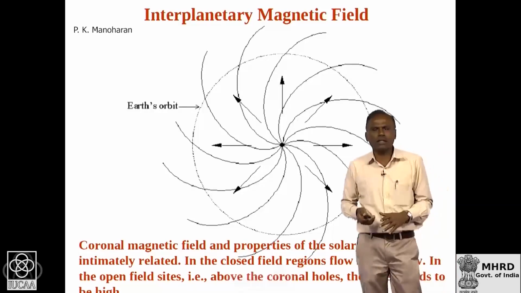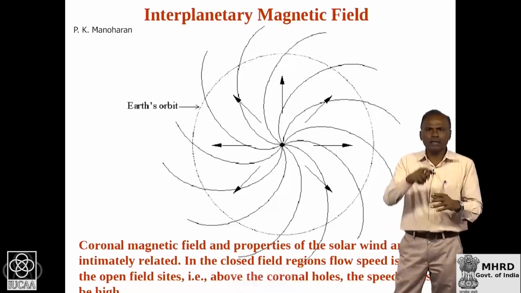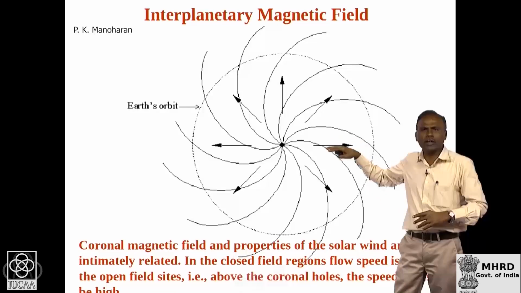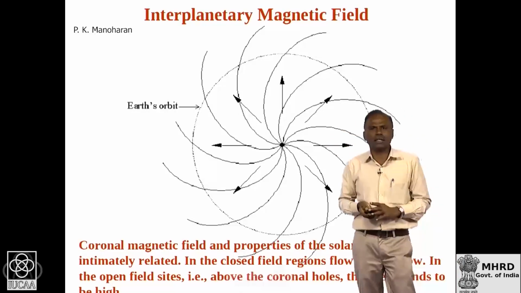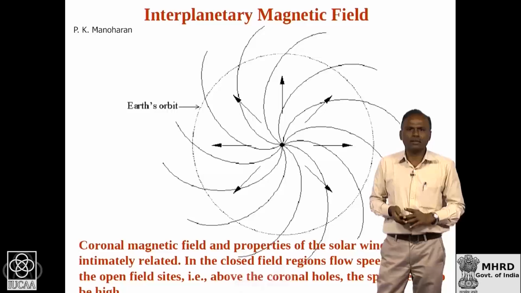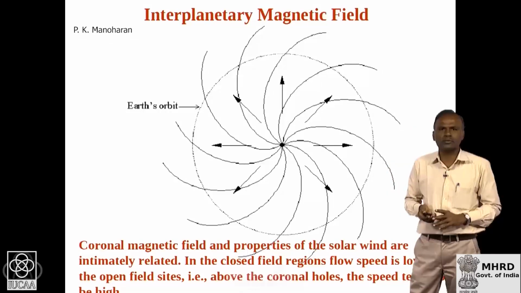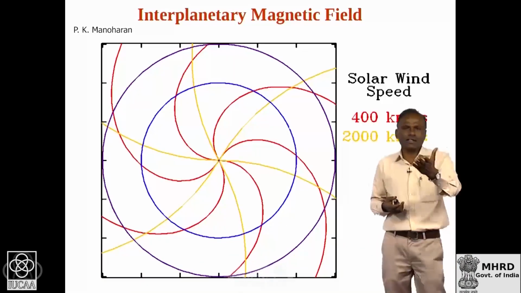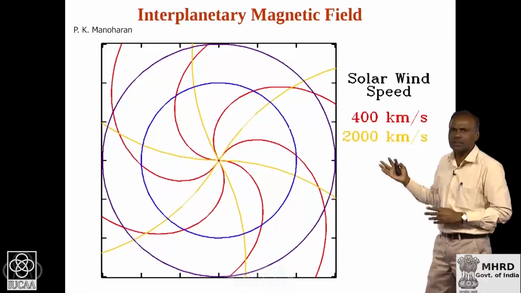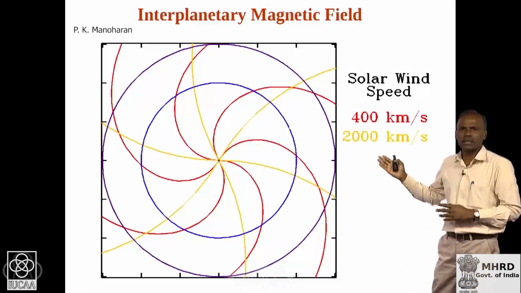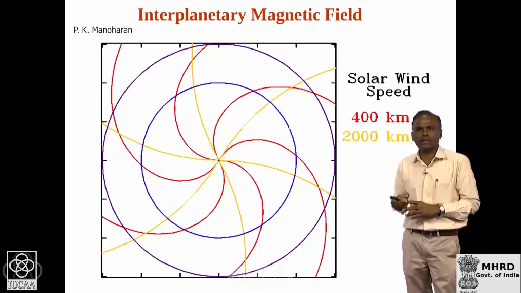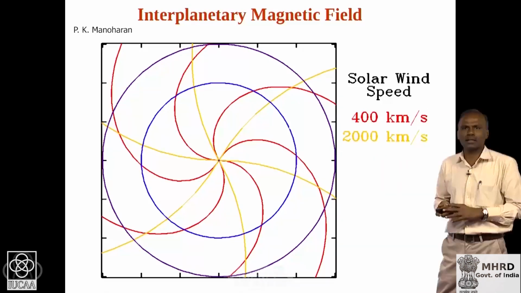So, this is the interplanetary magnetic field. The circle shows the orbit of the Earth. So, we can view at the orbit of the Earth how the solar magnetic fields or interplanetary magnetic fields are oriented. This picture shows the red curve for 400 kilometer per second, and the yellow curves for 2000 kilometer per second.